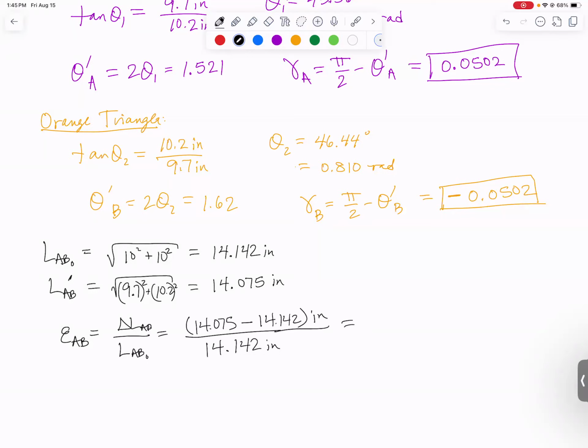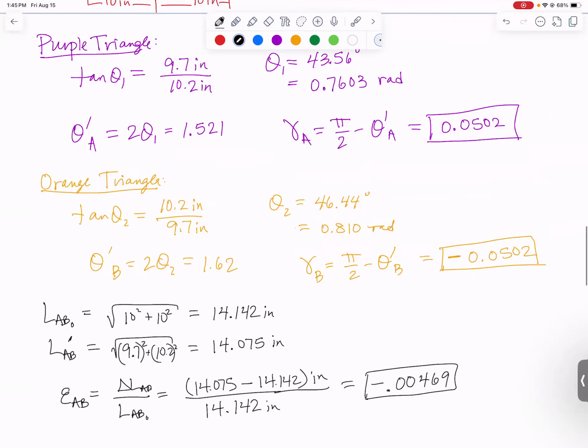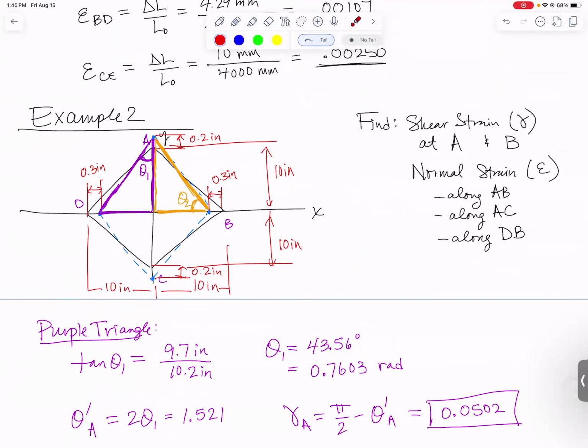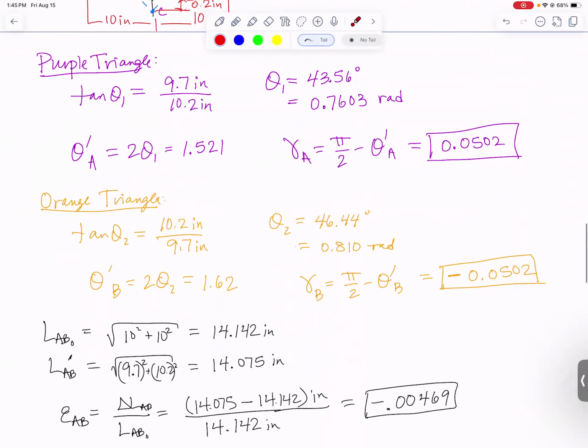So we subtract and divide, and we get, if we kept enough precision in our calculator, minus 0.00469, dimensionless. Notice all these strains are dimensionless. I'm not putting pascals or psi or anything after them. What does the negative mean? It means that side got shorter. This may not be one that you can visualize, but apparently, because of the change in shape, this line ends up a little bit shorter. You saw that it was a little shorter, right? 0.075 instead of 0.142. So that's why you get a negative.